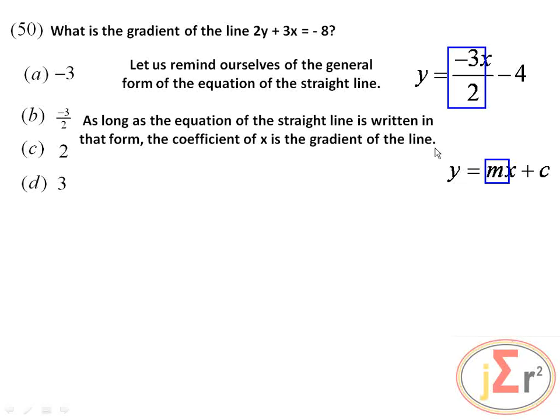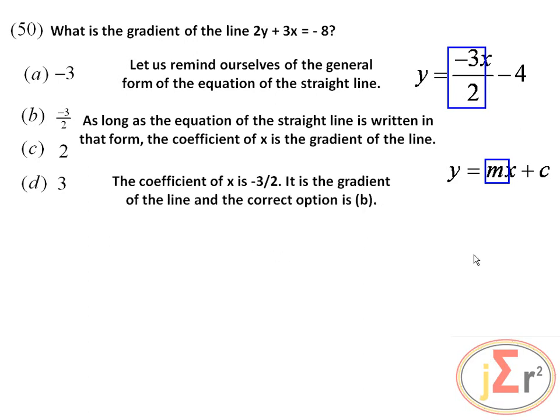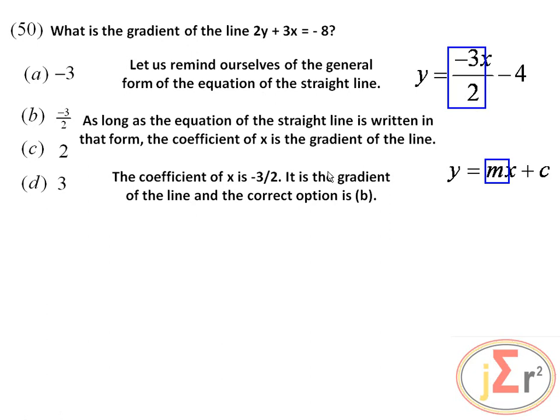But I imagine that some of them might make that mistake, or at least consider that before they make some corrections to their answers. The coefficient of x is negative 3 over 2, as we have it right here. It is the gradient of the line, and the correct option is option B. Correct.